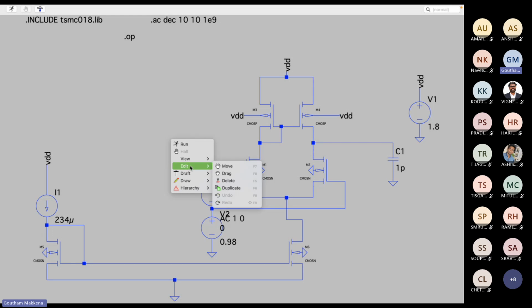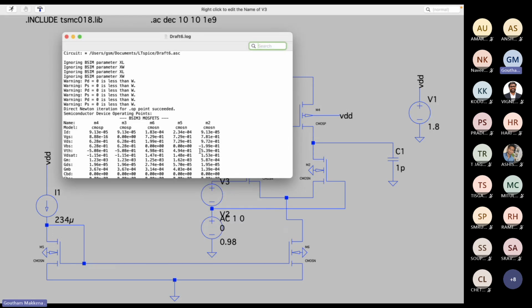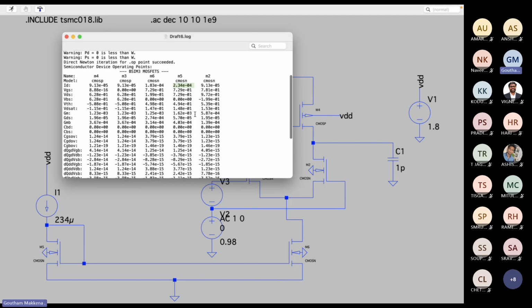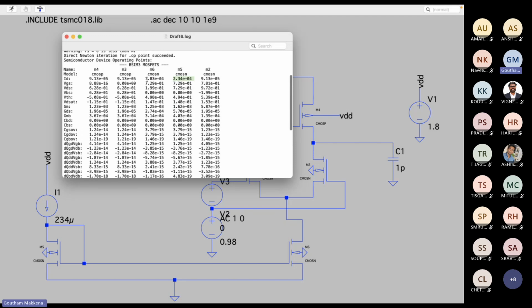So if we look at the SPICE error log, if you look at M1 and M2, M2's gm is 587 micro. There is a slight difference. What was the design value? The design value is 625 micro. Current through M5 in this current mirror is 234 micro, but through M6 it is 183 micro.